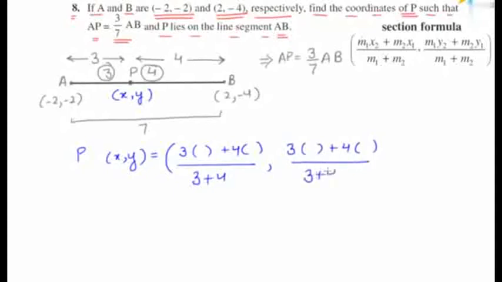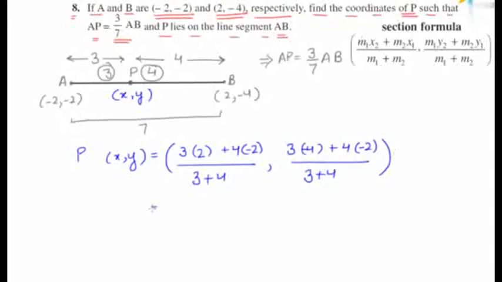I like writing it this way because in this way you will not get confused. Just write it this way and then substitute the values of x1, x2 and y1, y2. So x2 is 2, x1 is minus 2, y2 is minus 4 and y1 is minus 2.